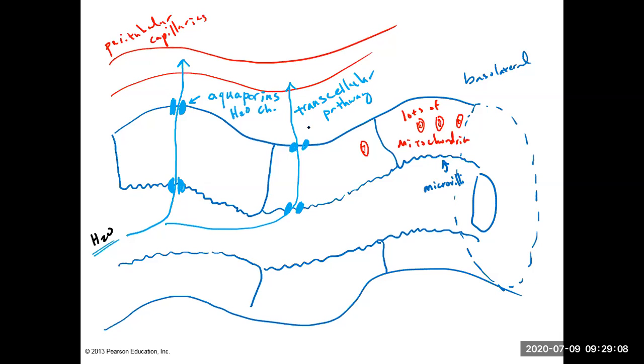All right. But the water can go another way to the other side as well from the filtrate. It can actually go between the cells. So these cells, even though there are tight junctions, it doesn't mean that the water cannot go in between them.